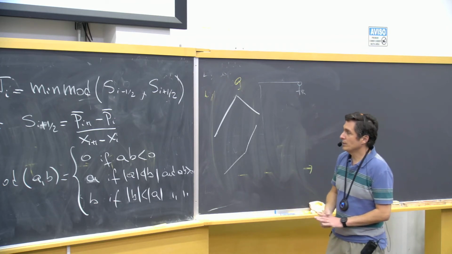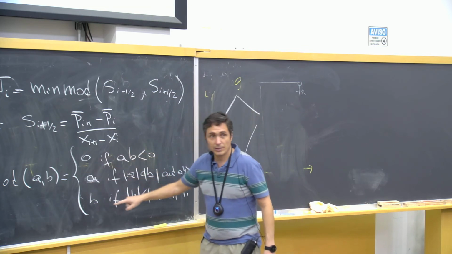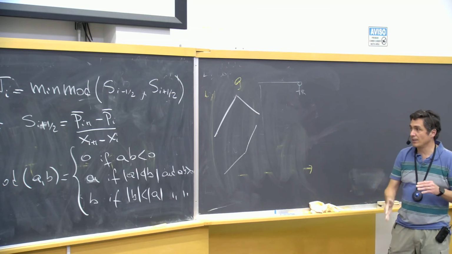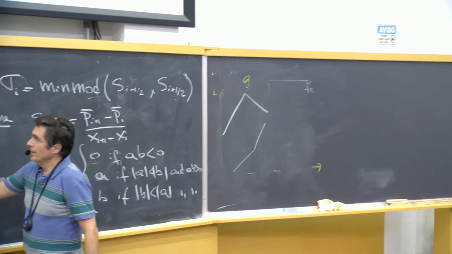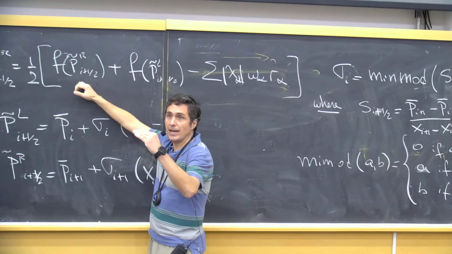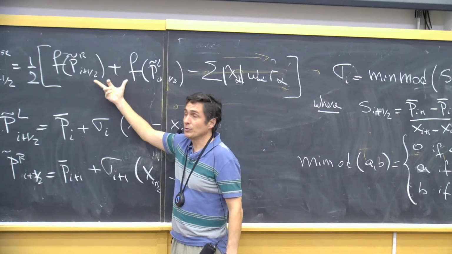So once you put all this together, there are several ingredients in here. So one is this one. It's just trying to react to both spurious oscillations and the fact that you might have very sharp gradients. So that's this one. This piece is recognizing that at a shock interface, you can truly have a state from the left that is different from the state of the right. So you're going to average these two.